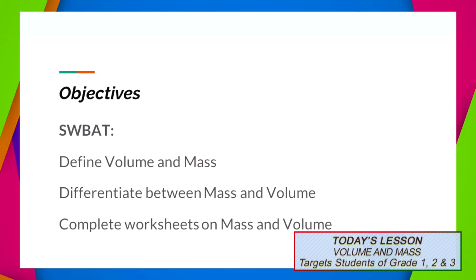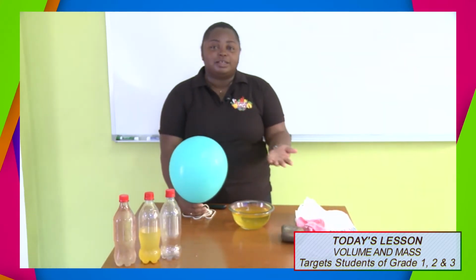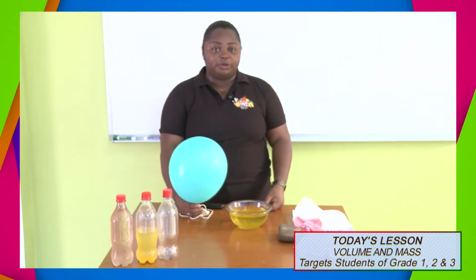Our objectives for today are students would be able to define volume and mass, differentiate between volume and mass, and lastly, complete worksheets on volume and mass. Now today, these are the materials that I will be using throughout the video.